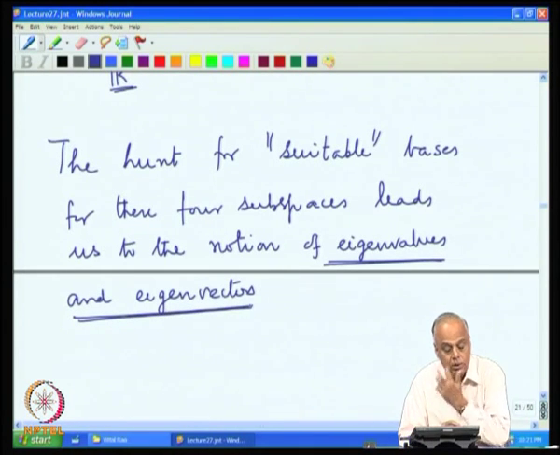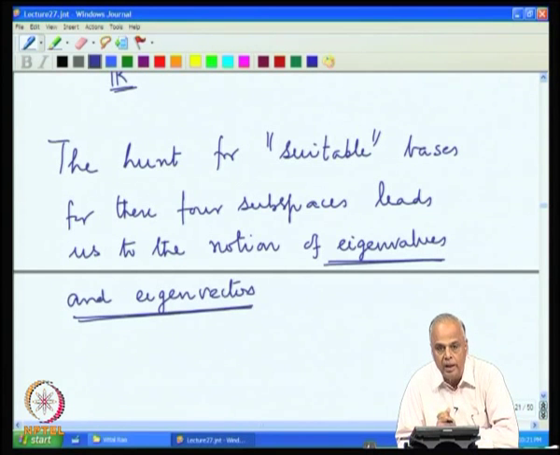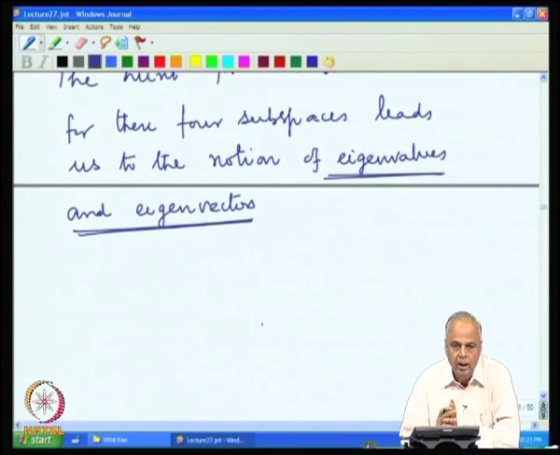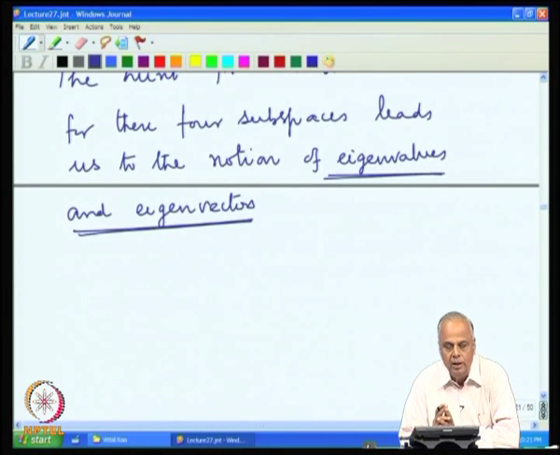So, this notion of eigenvalues and eigenvectors is a very important notion in matrix theory, and it has a role to play in the analysis of the structure of the matrix and in answering the various questions about the matrix.